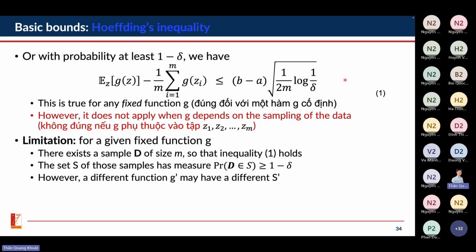And the set of all of those data sets can be large, right? Because the probability of D is at least 1 minus delta, right?